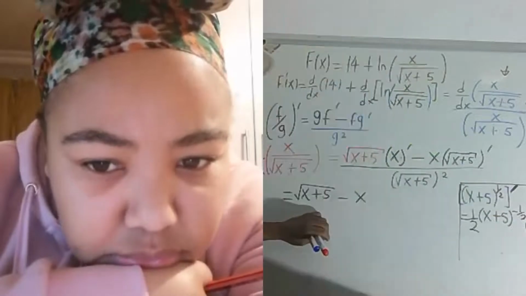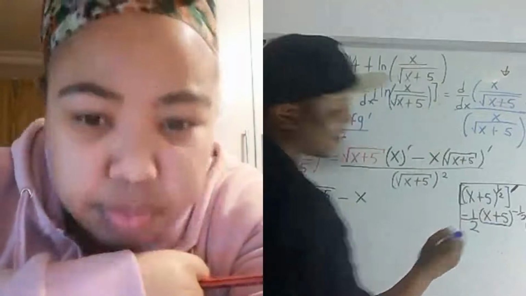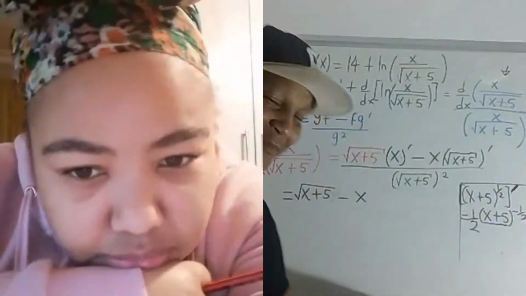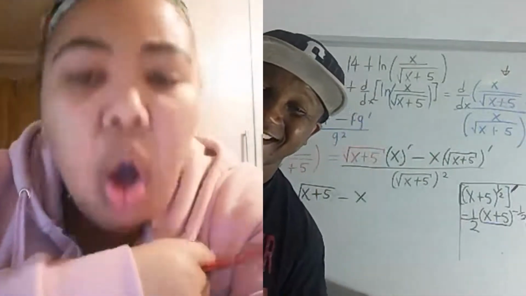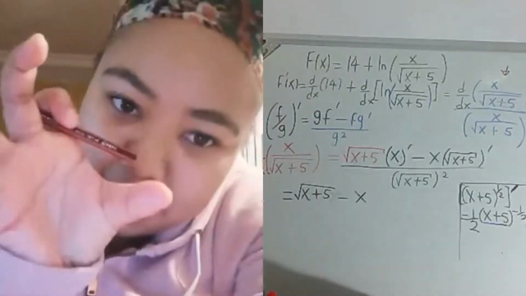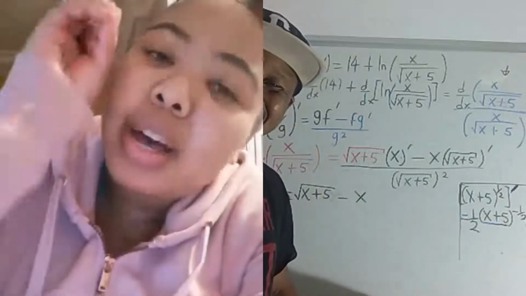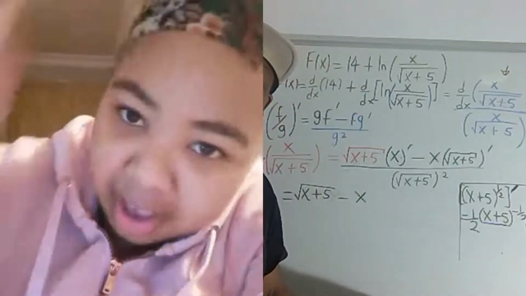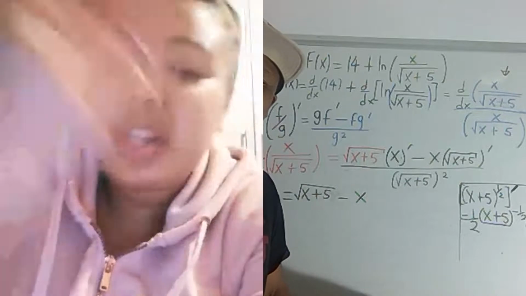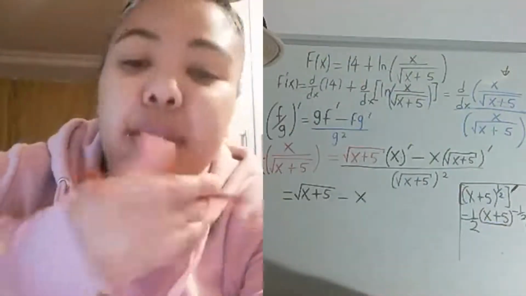Then we differentiate what is inside the bracket. You deal with it as 1. You don't do it like x and 5, you treat it as 1. You drop it, boom.